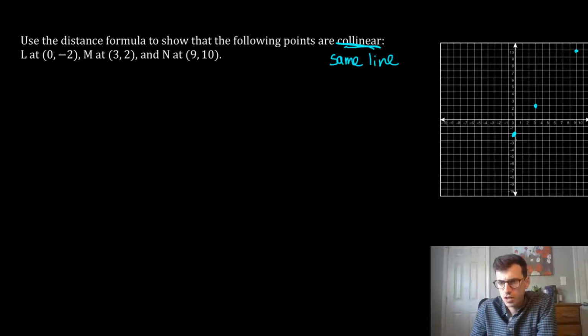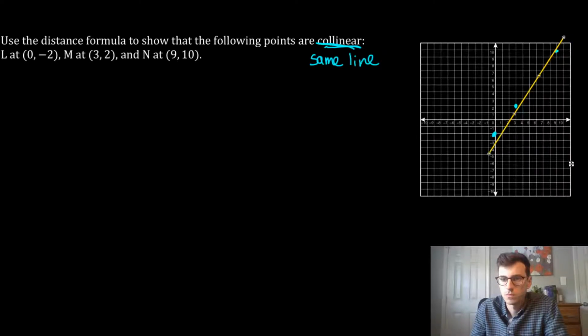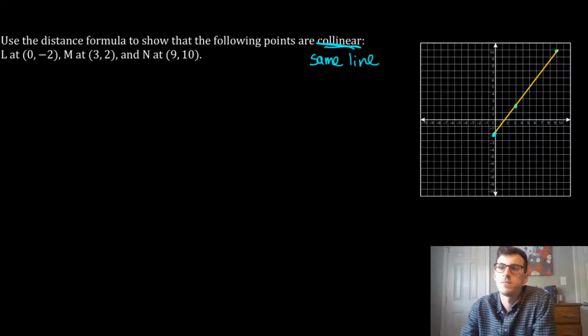If we draw a straight line through, it really looks like these are all in the same line. But this is math, so I don't like just saying, well, it looks good. We don't want to say that it just looks good. We want to know that they're on the same line.